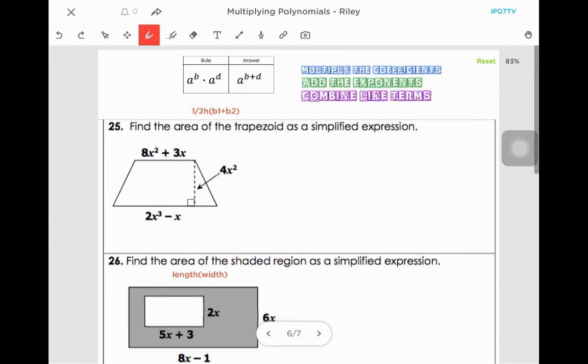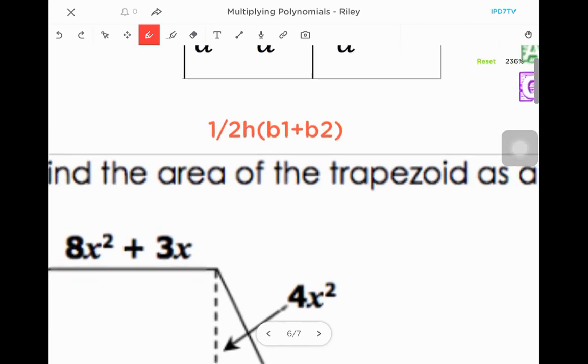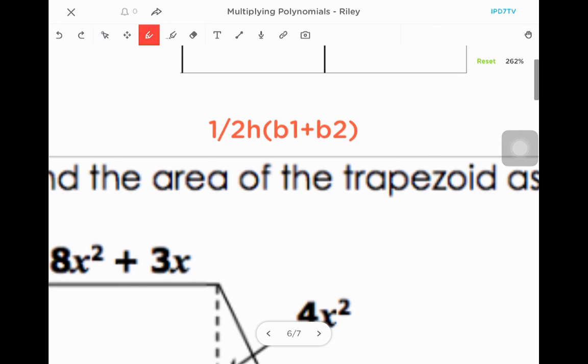Okay, so the first one is find the area of a trapezoid. It's been a long day. Find the area of a trapezoid and simplify your expression. Okay, so I put the formula to find the area of a trapezoid. You take half the height times base 1 plus base 2.